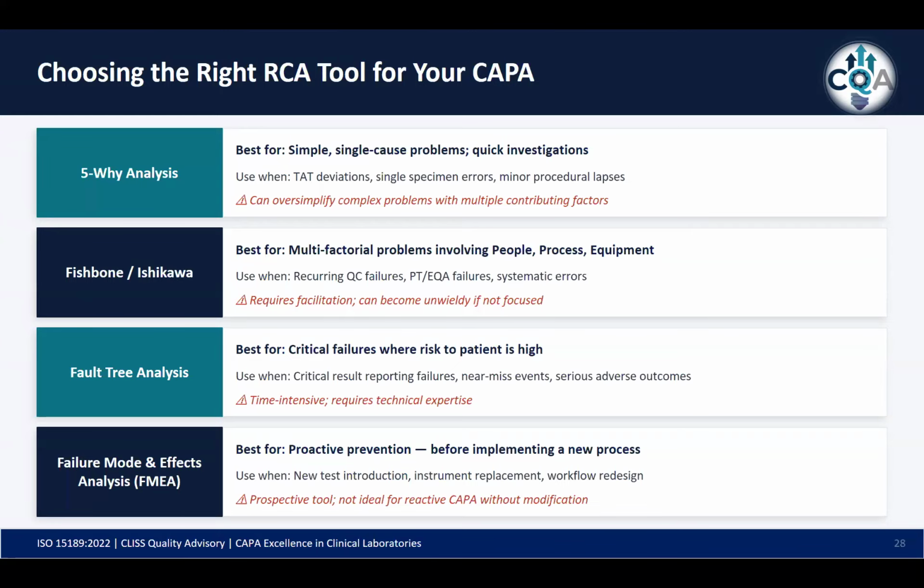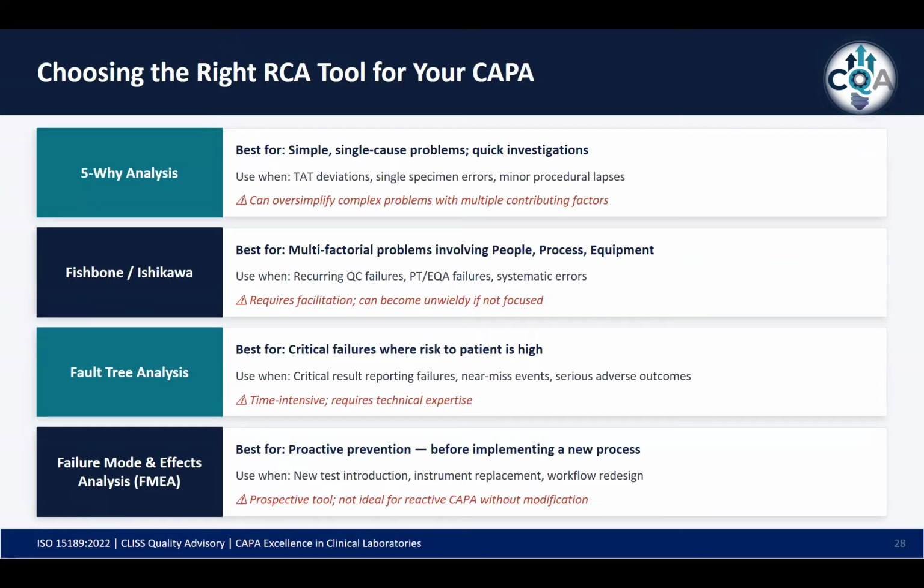So you need to be clear with what you are doing so that you are able to discern that the problem you're dealing with is not just a single cause problem, but you should be able to identify other contributing factors as well. And then the fishbone is best for multifactorial problems involving people, processes, equipment, and all those other parts of the 6 M's.